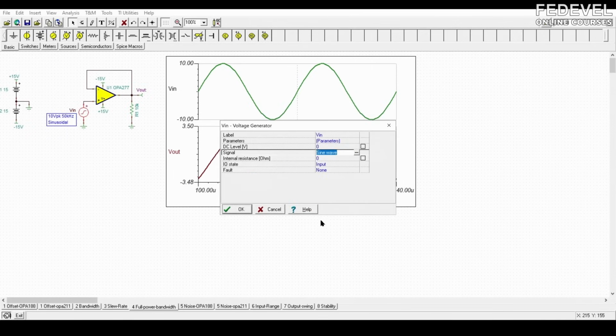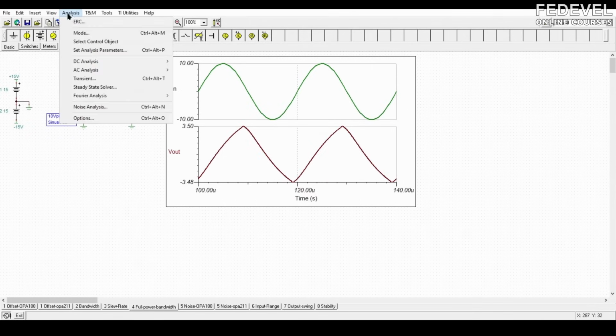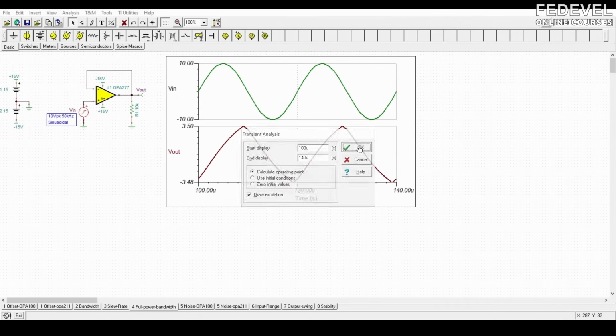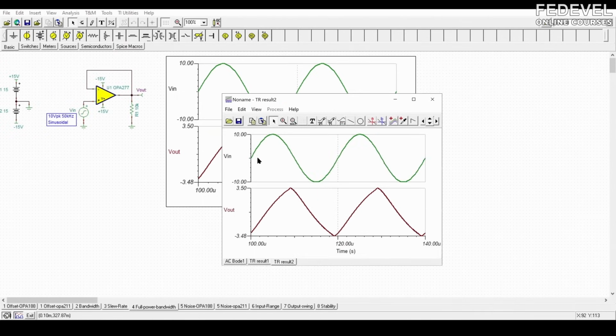If I run that 50 kilohertz signal into the op amp, we're going to violate the full power bandwidth or slew rate. You see we have a nice sine wave going in, but what comes out looks like a triangle wave because the output can't move fast enough to keep up with the input.